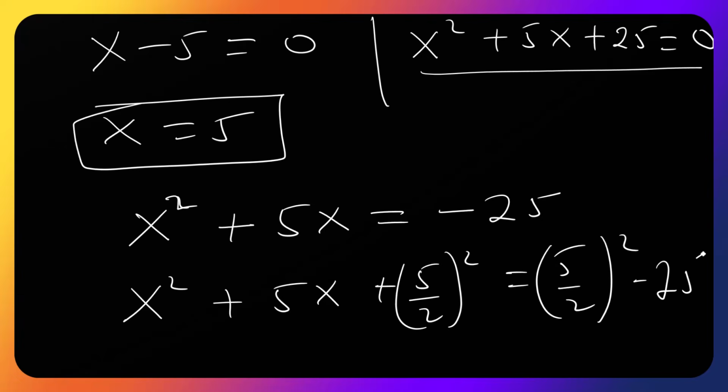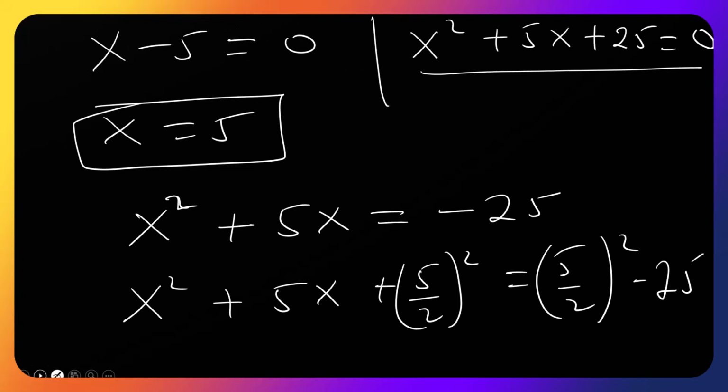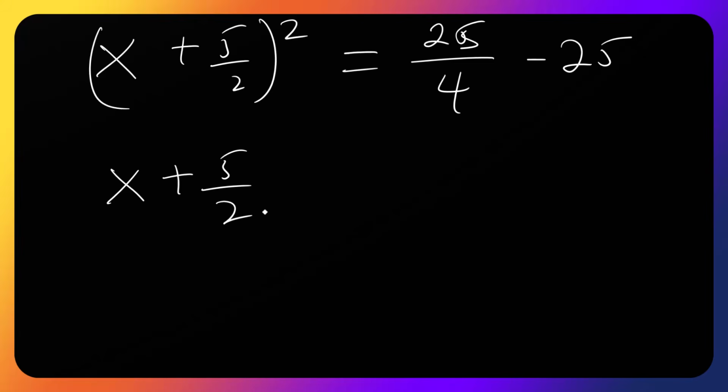So that will be x plus 5 on 2 all squared equals 25 on 4 minus 25.